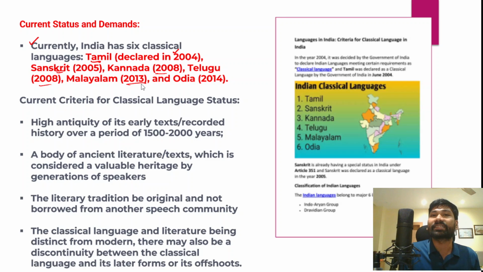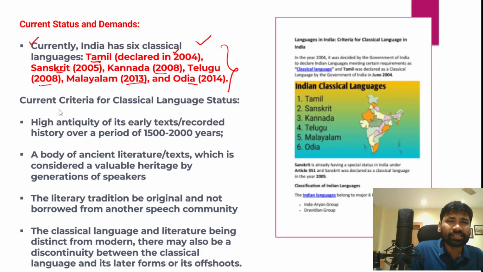Malayalam was given classical language status in 2013, and Odia in 2014. Right, so it is very important. You should also remember the years when they were recognized as classical languages, because you can get questions on the chronological order when they were recognized, right?